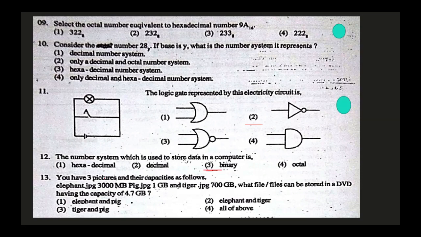Question number 13, you have 3 pictures and their capacities as follows: elephant.jpg 3000 MB, and pig.jpg 1 GB, 1 GB image, and yes, okay, let's see, 700 GB.